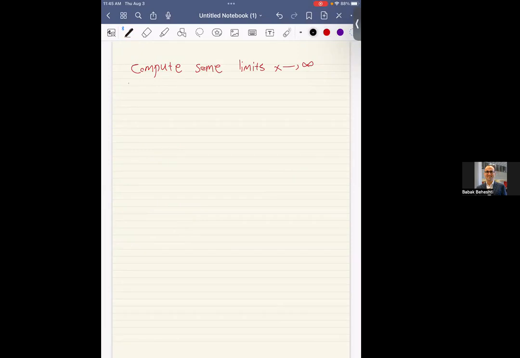So suppose that I have a rational function, but not first order. A rational function could be more complicated. For example, on the top, you have a polynomial.